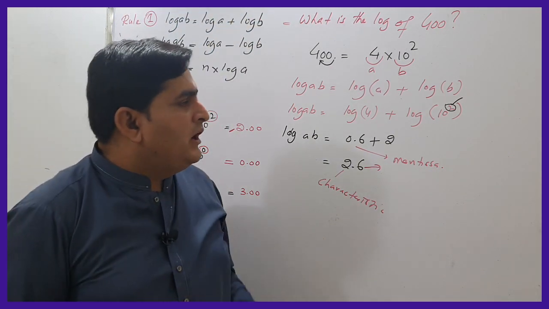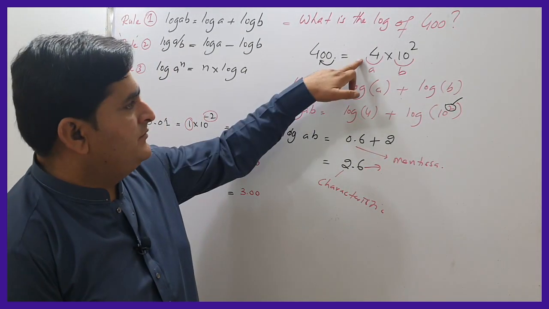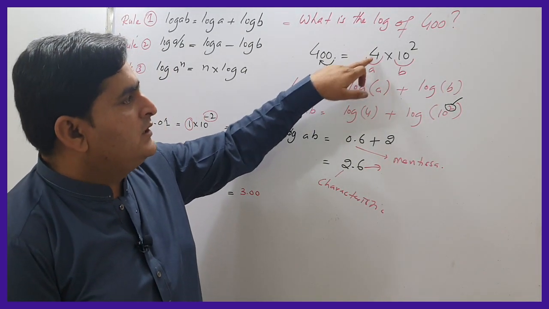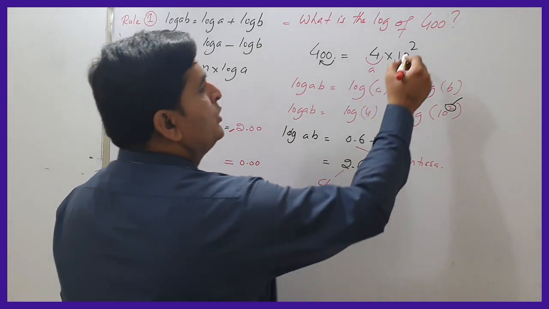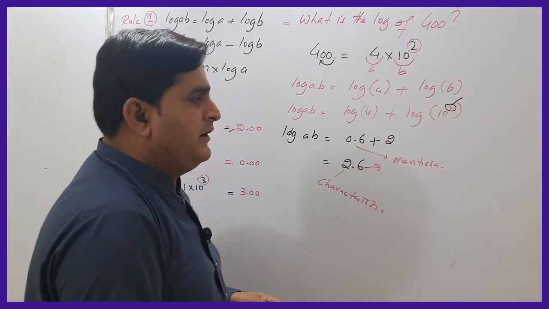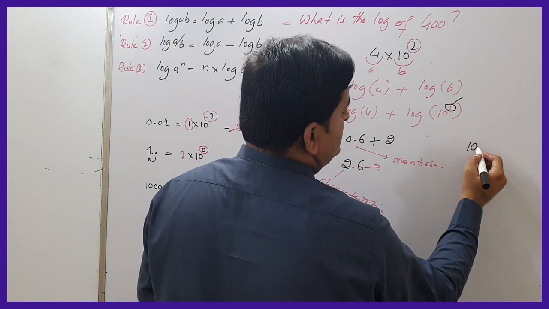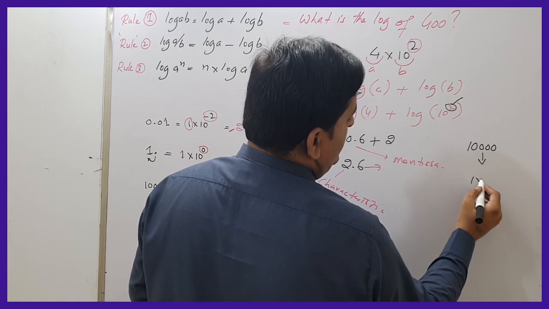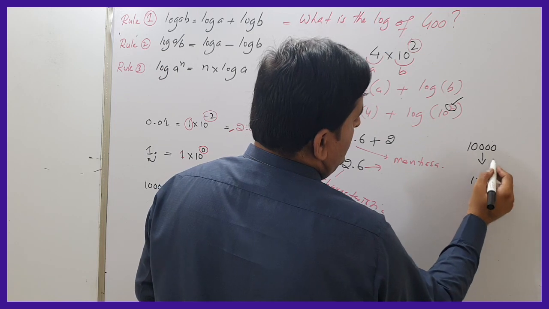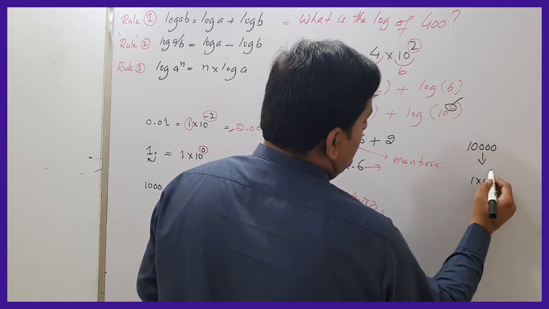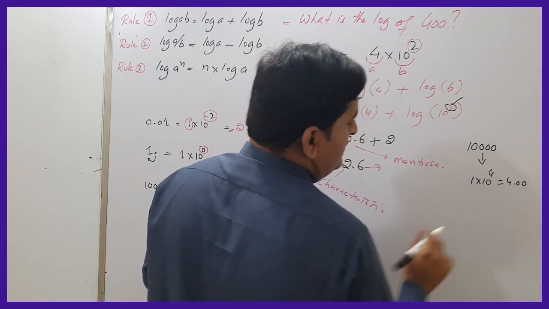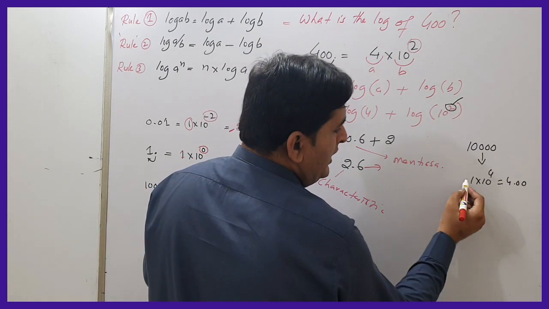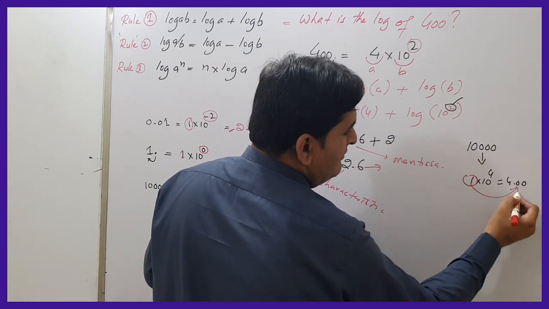So whenever our coefficient is 1, the logarithm will be equal to the characteristic. For example, we have 10,000, so it becomes 1 into 10 to power 4. So its logarithm will be 4.00. Why 4.00? As the coefficient is 1, its mantissa will be 0.